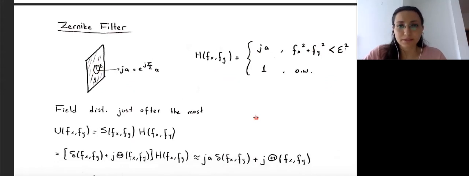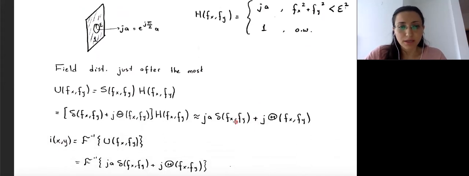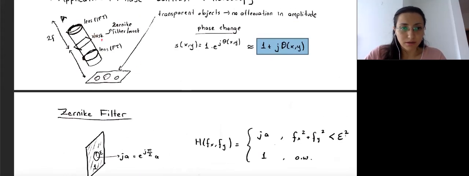And this is something that we can practically produce with simple materials. Let's now understand what will be the role of the Zernike filter in seeing this transparent object. Remember our microscope. Here, the wave that reaches the mask is the Fourier transform of the object.